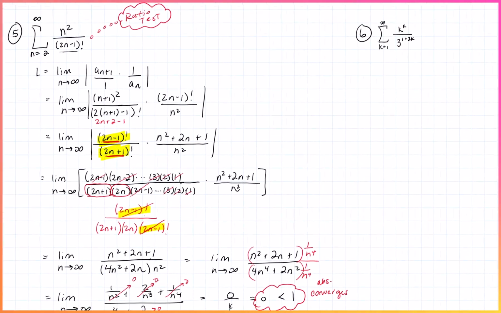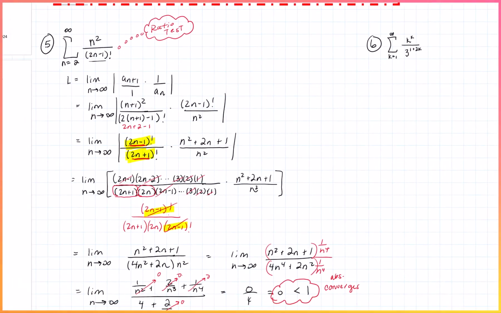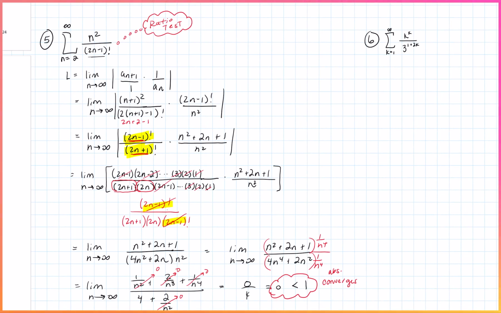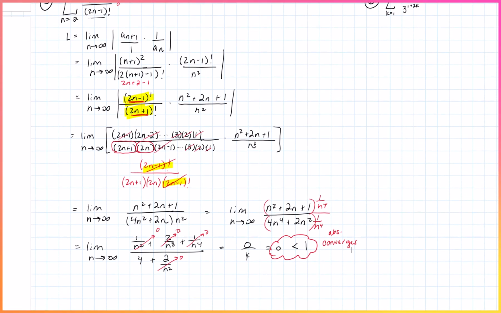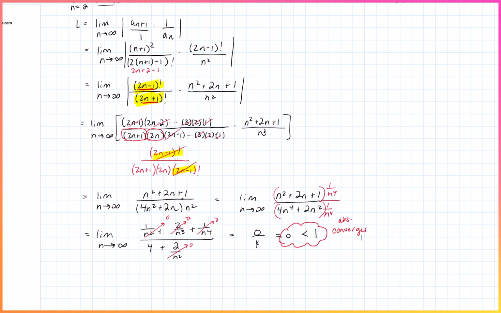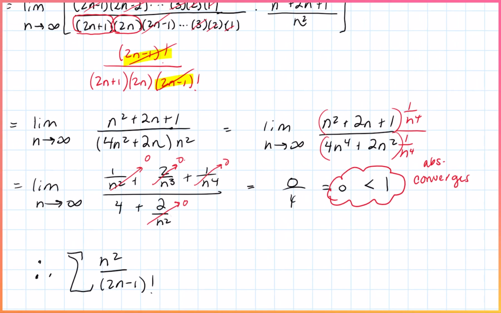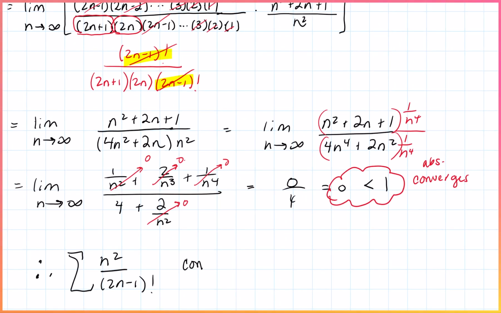So therefore, let's come back to our series and let's make a statement. Just see what the original series was. Therefore, the series of n squared over 2n minus 1 factorial converges absolutely.